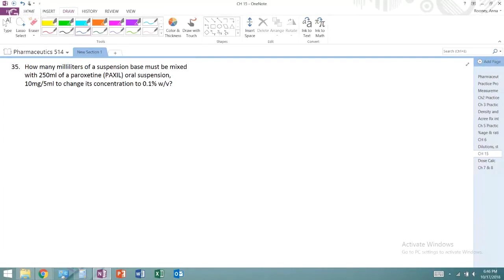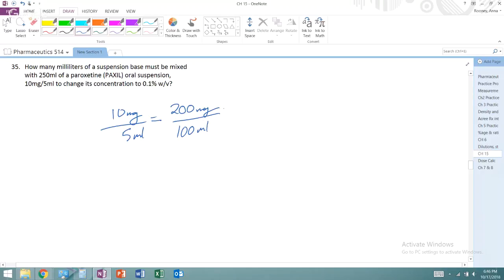I am going to go the way of the weight per volume and go into percentage, so that we're working on a 1-to-1. So 10 milligrams for every 5 milliliters is the same as 200 milligrams for every 100 mLs.